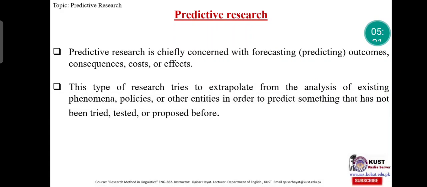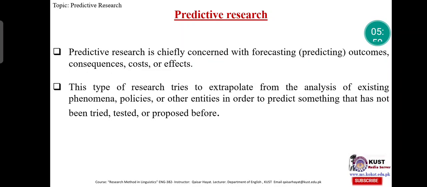As far as the second part of the definition is concerned, this type of research tries to extrapolate from the analysis of existing phenomena. Based on existing phenomena, some policies and other entities are considered, and then some prediction is made.